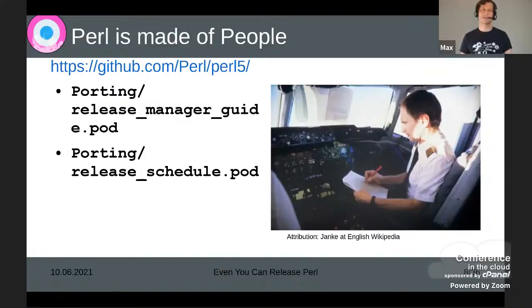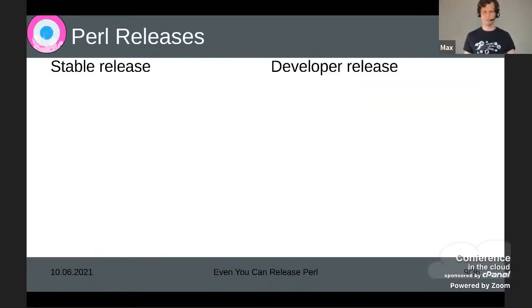And the release schedule lists all the people that want to do a release for the next months out. So that at any time, it's hopefully clear who is the next person to do a release and when that person will actually do it. And hopefully that person follows the release manager guide, and then we will get a new developer release of Perl on time.